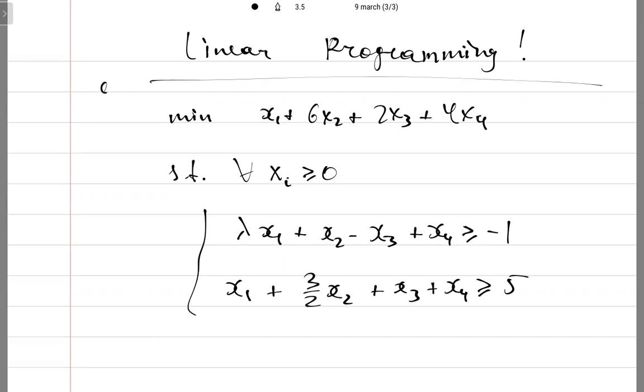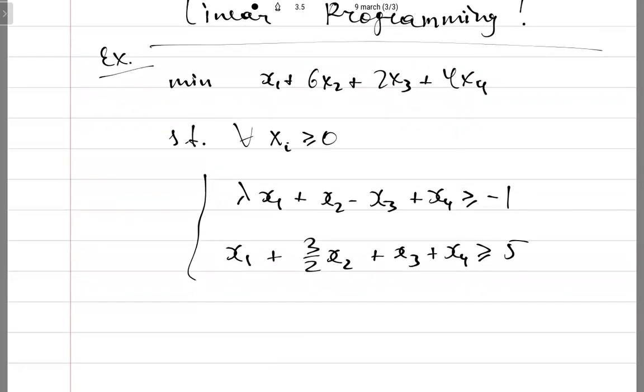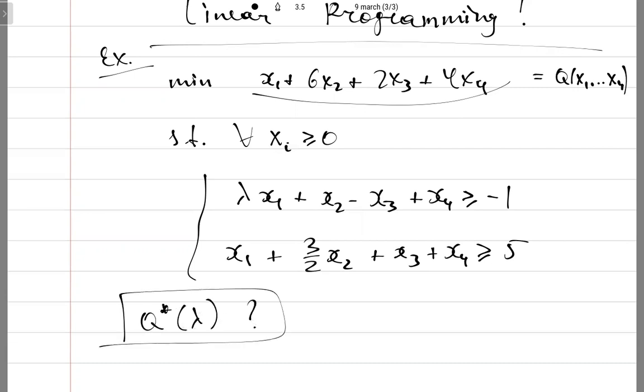The goal of the exercise is to find the minimal value. Let's denote it q of x1 to x4, and the exercise asks to find q star that depends on lambda. So our goal is to find not the optimal point, but the minimal value. Okay, the goal is clear.